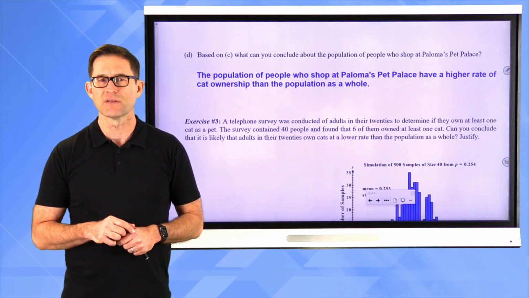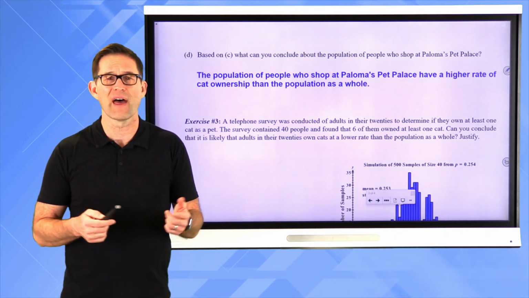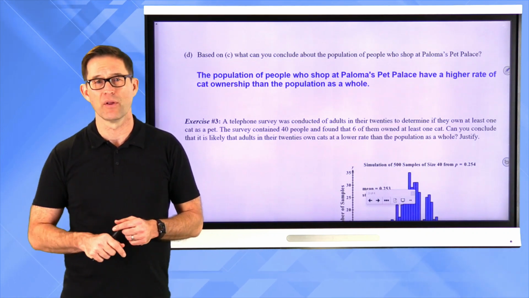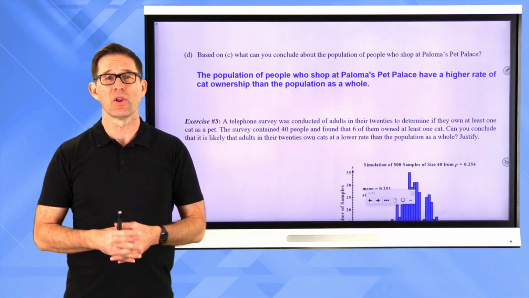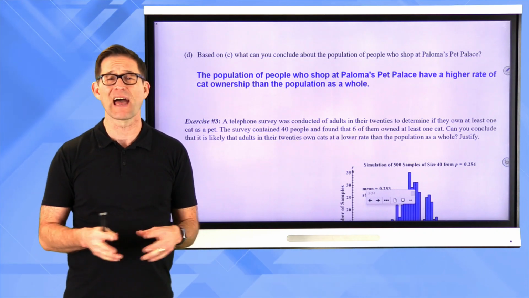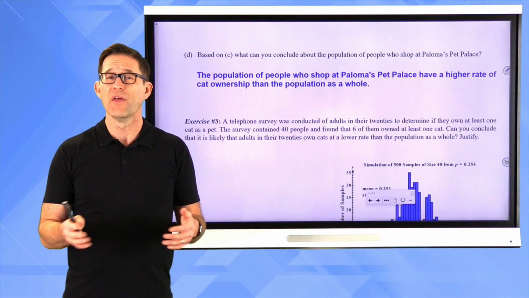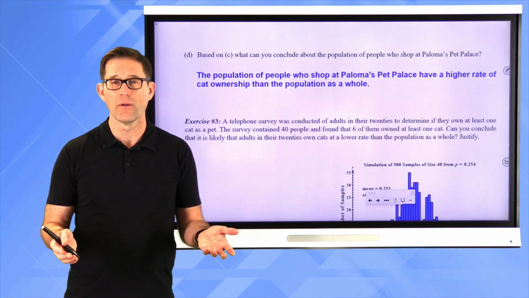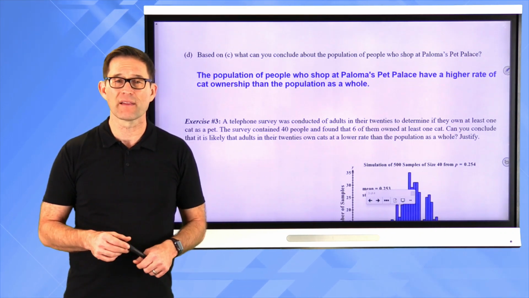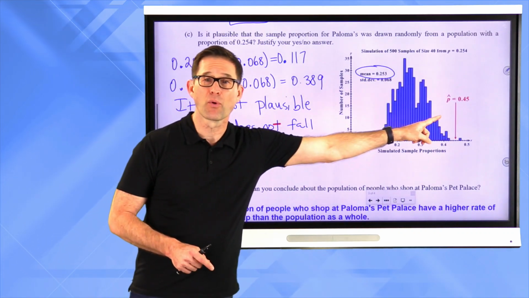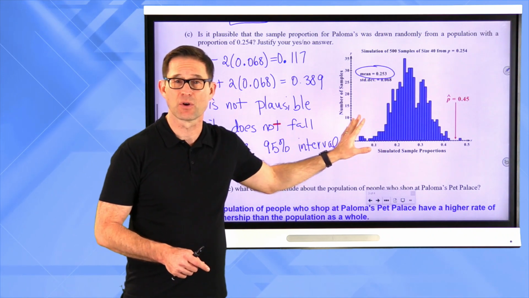There's still a chance that I got that 45% by pure sampling variability, that people who shop at Paloma's Pet Palace own cats at exactly the same rate, or not a significantly different rate, than those of the population as a whole. But that's very unlikely to happen because of where that sample proportion falls in this distribution.